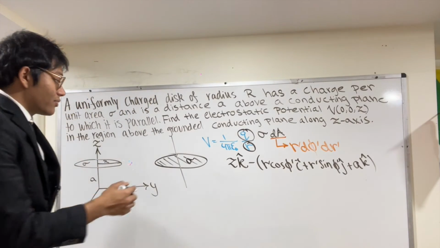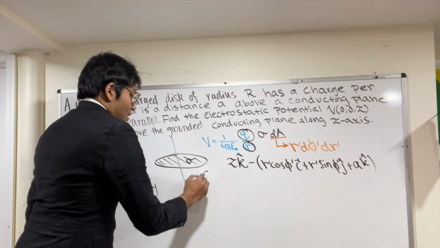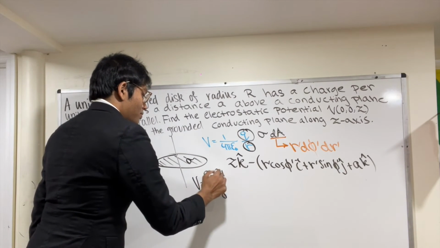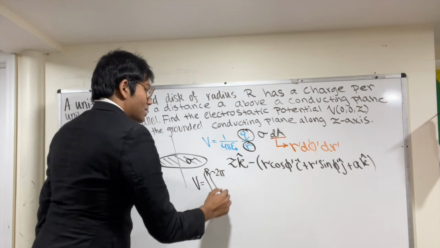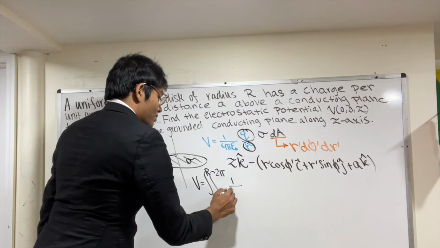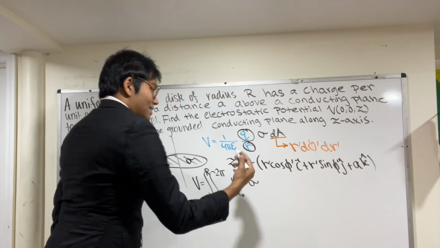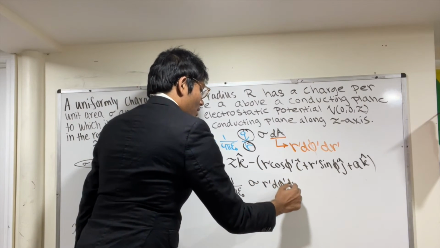So let's write out our electric potential for a charged disk. It's going to be V equals a double integral. Phi is going to go from 0 to 2 pi as usual. r prime is going to go from 0 to capital R. We're going to have 1 over 4 pi epsilon naught, our constant. Q is going to become sigma dA, which is going to become r prime d phi prime dr prime.